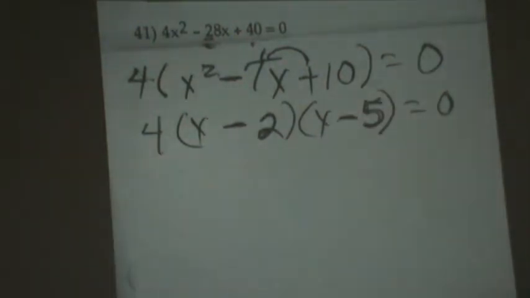Okay, set each factor equal to 0. Well, that won't do any good, will it? x minus 2 equals 0, and x minus 5 equals 0. So add 2, x is 2, and add 5, x is 5. So 2 and 5.